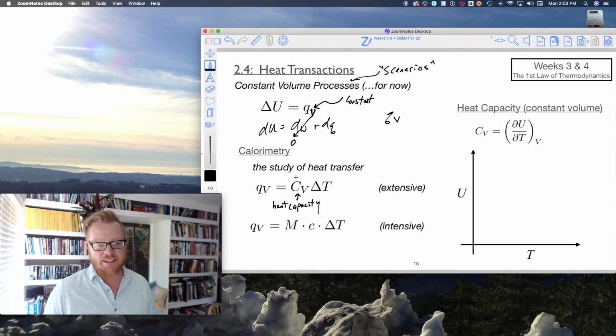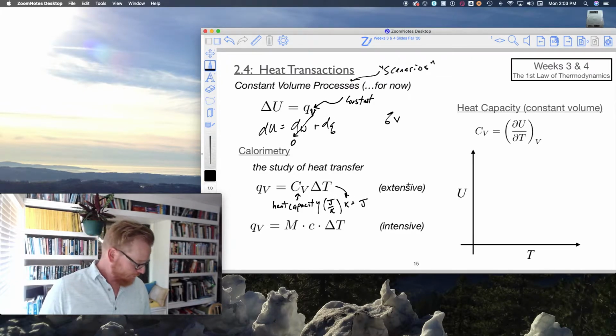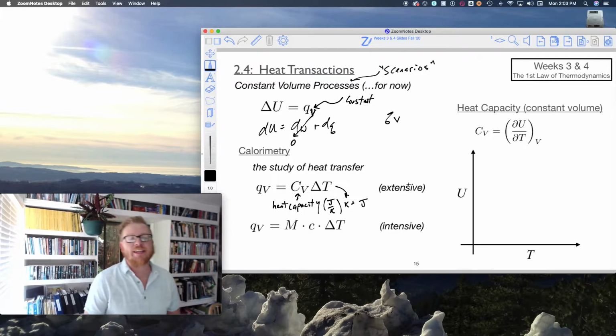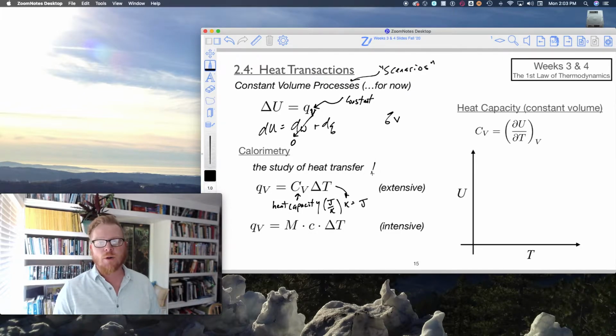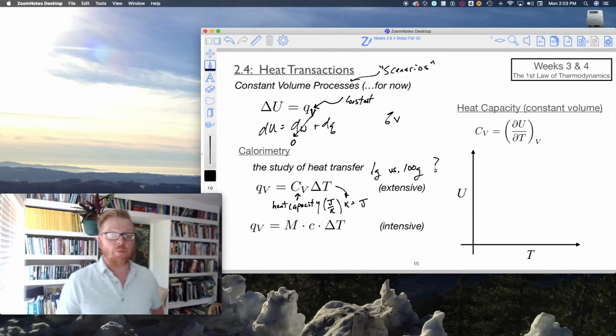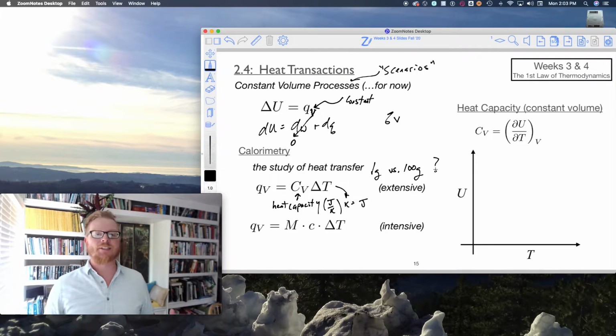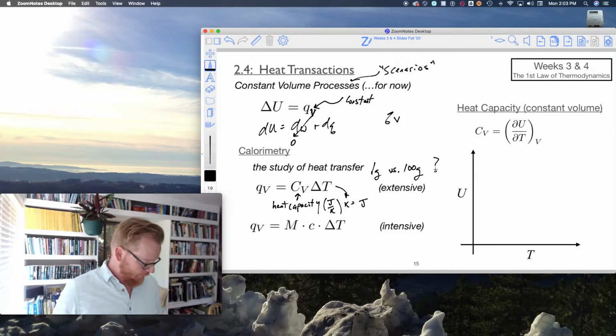This heat capacity, C_V, has units of joules per Kelvin, and temperature is in Kelvin, so this gives me units of joules. That's the extensive parameter. In other words, the heat capacity of 1 gram versus 100 grams matters: 100 grams of material will be able to absorb more heat than 1 gram.